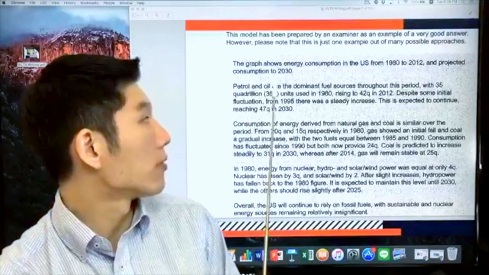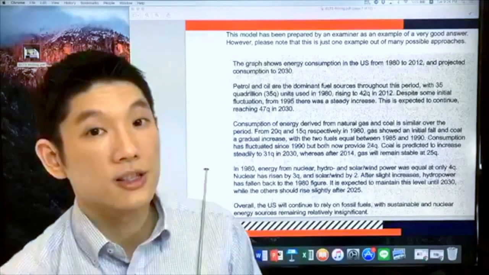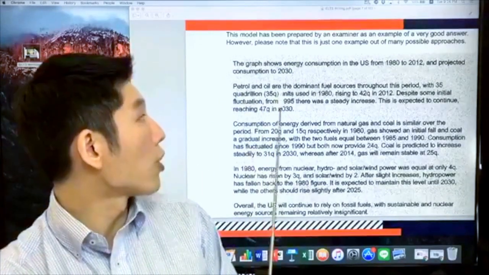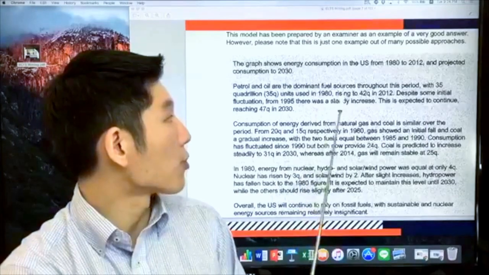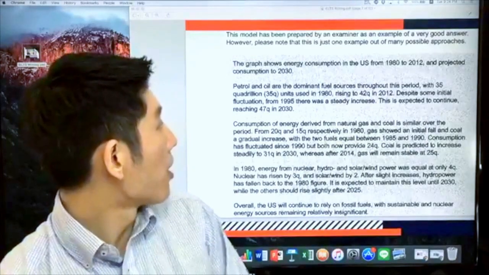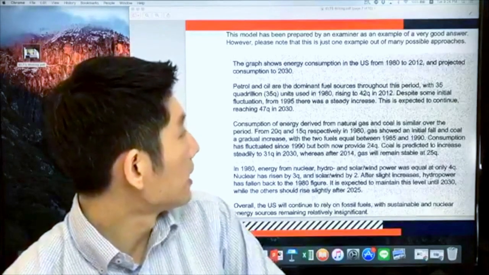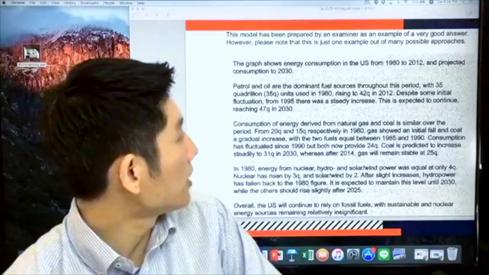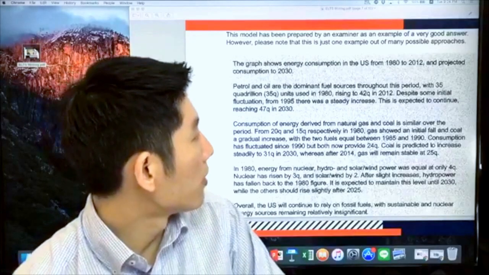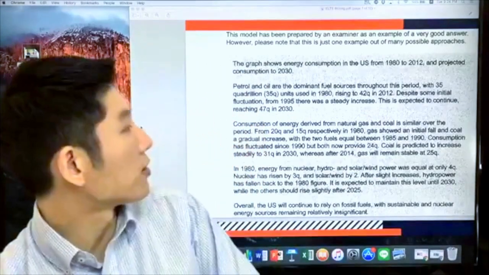Petrol and oil, just like the way we organize the information, right? Petrol and oil are the dominant fuel sources throughout this period, with 35 quadrillion units used in 1980, rising to 42 quadrillion in 2012.